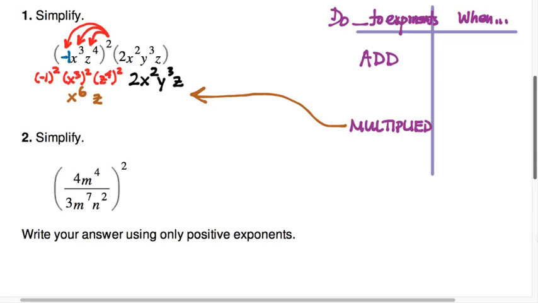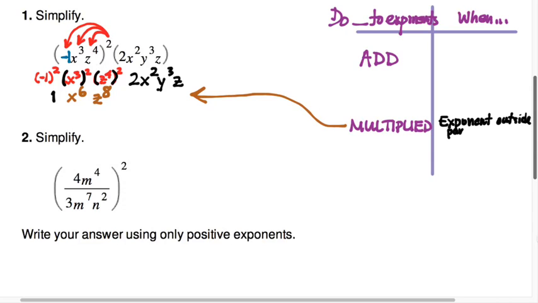What is it about the expression that tells me that I should be multiplying? The exponents are outside of these parentheses, these ones right here, and this one right here. And so being outside the parentheses is kind of a tip-off. Exponent outside parentheses.